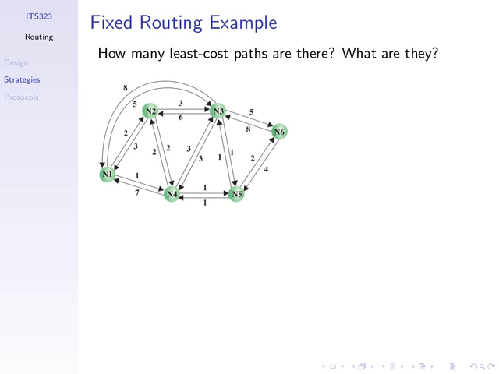And it means from N1 to N6 would be N1, N4, N5, NX, N6. But because we know this is true, then immediately we know this is true and this is true. This cannot be the least cost path, that is. Or there cannot be another lower cost path.